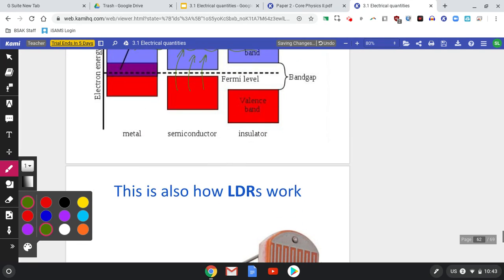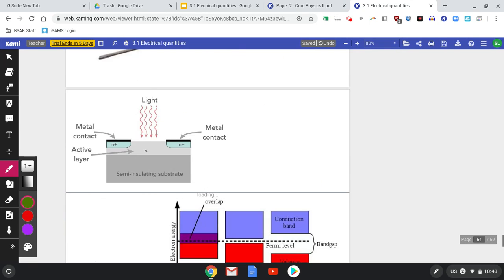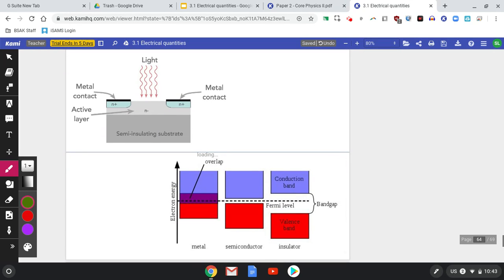It's also how LDRs work. Thermistors do this, but LDRs do it as well because the light comes in. This is the semiconductor here. Incident light will come in, electrons will absorb photons, and they will make this jump.